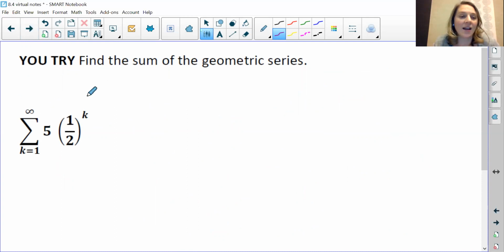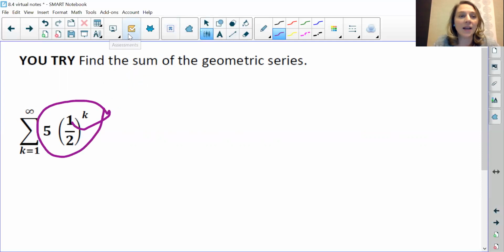We first look at this scenario, and I say, okay, this is an infinite sum because of this infinity on top. In order for us to be able to do an infinite sum, we have to have a couple of things. We have to have it be infinite geometric. So I've got an a, b to the x, which tells me yes, we're geometric.